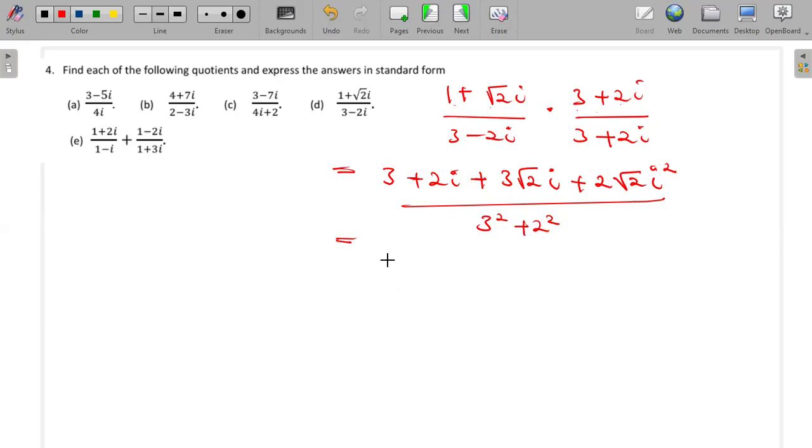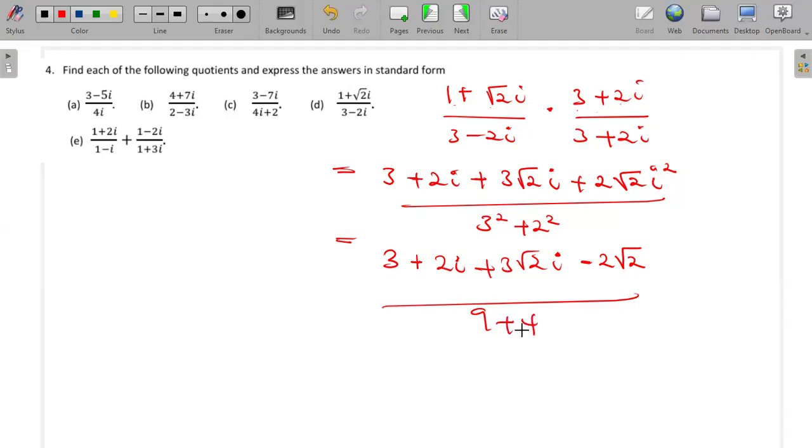So on top you have 3 plus 2i, and then plus 3 root 2i. Then this i squared becomes negative, so that's negative 2 root 2. So this is what you have. Then over 9 plus 4, which is just 13.